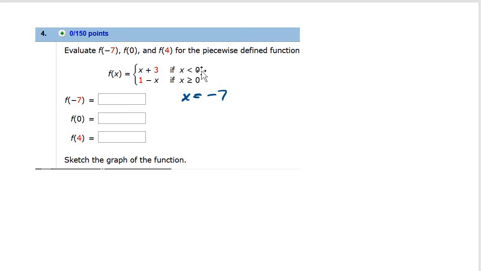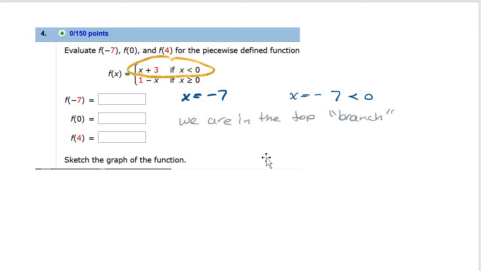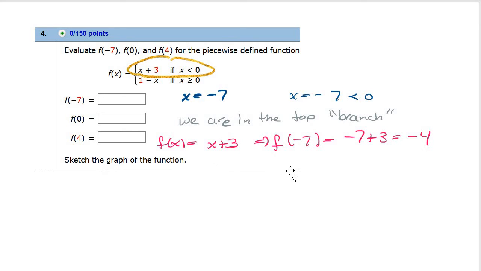It belongs to the first branch because x equals -7 is less than 0. And my f of x in that top branch is x plus 3. So f at -7 is -7 plus 3, which is -4. So that's how I get this.